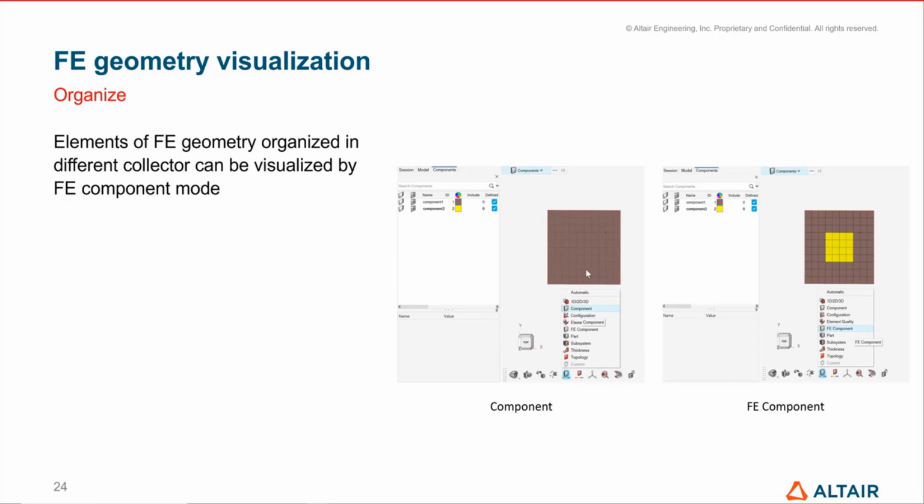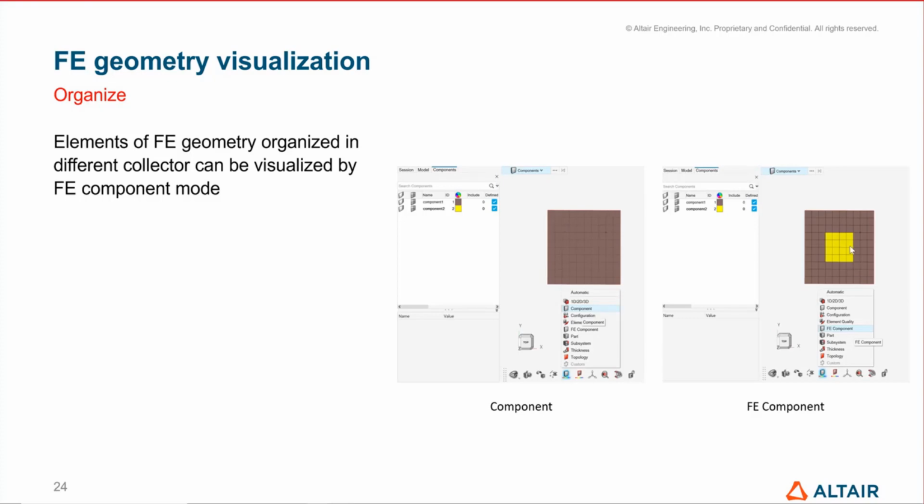From the visualization side, the surface behavior takes higher priority. So even though the elements are moved, you don't see it, because with FE geometry, surface geometry and elements are one and the same.